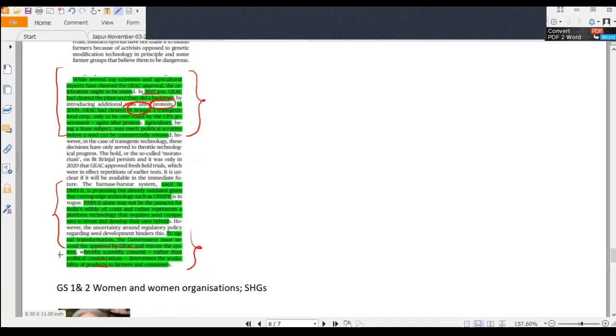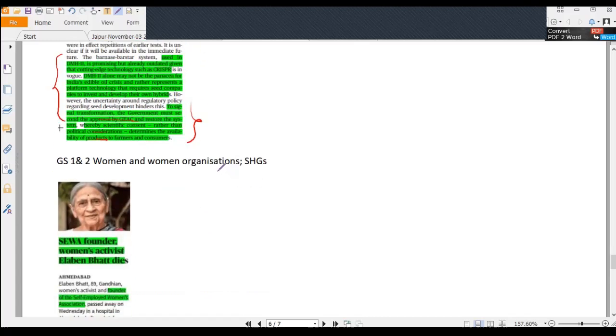Political will and political considerations take the front seat. But if this goes on, then our development in this regard may be hindered. So it suggests that we need to give more respect to a scientific mindset rather than political considerations if we need to ensure food security.